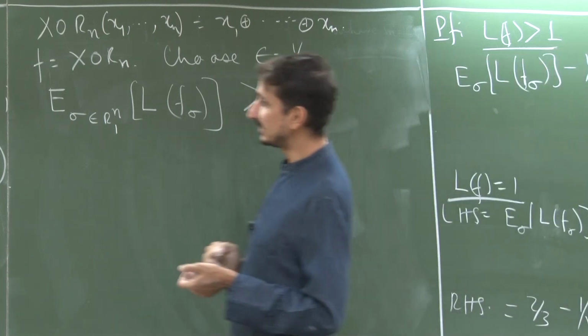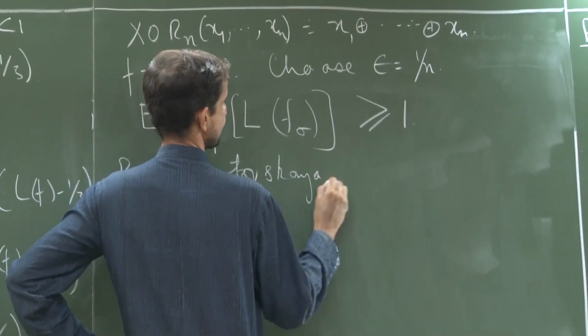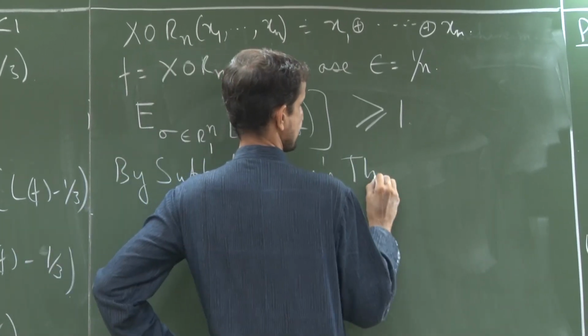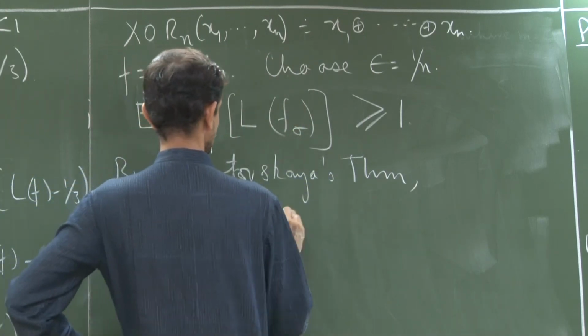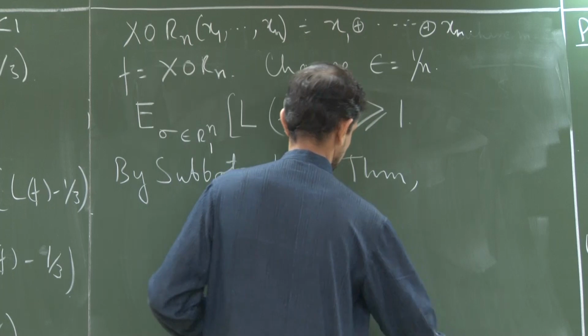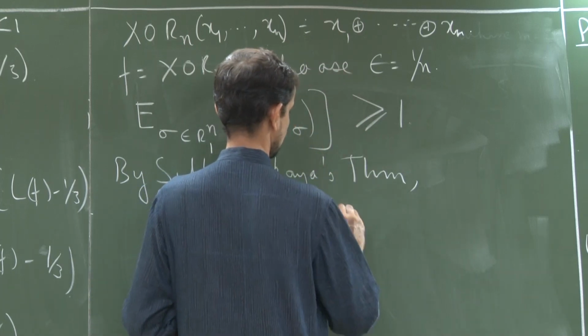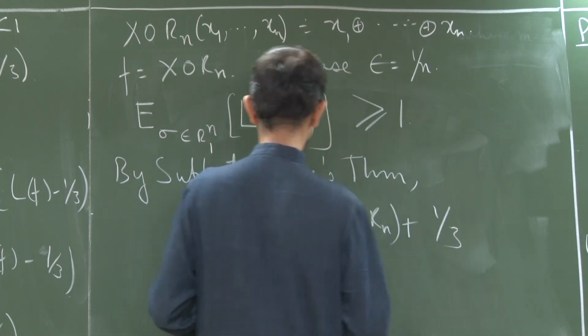Okay. So, we have this, and now we will just apply this theorem over here. So, this is greater than or equal to 1, and combining with Subotovskaya's theorem, what we have is 1 is at most epsilon to the power 1.5 times L of XOR n plus 1/3.